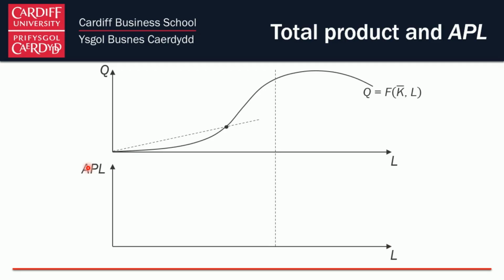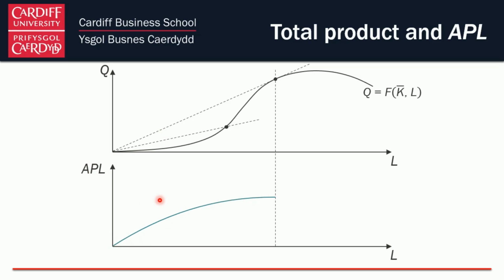If I pick another one, up to this particular point, these rays get steeper and steeper. This ray would be even flatter, this one is in the middle, this one is a little bit steeper and so forth. So the slope of these rays goes up, which means the average product, which reflects these slopes, is going to go up.